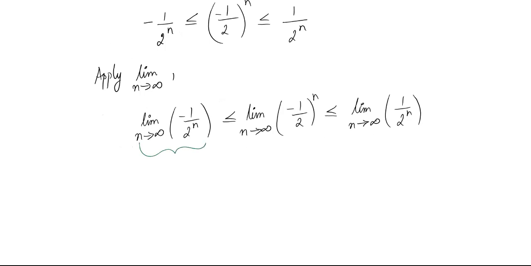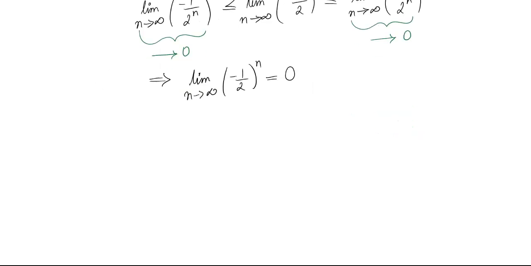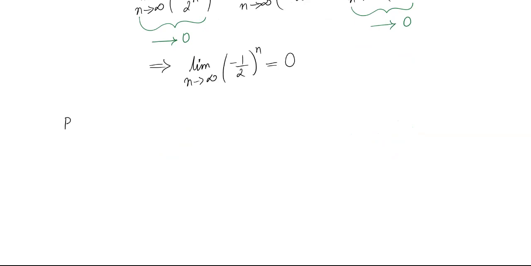The limit here approaches 0. I should say equals 0. This implies the limit of negative 1 over 2 power n that's squeezed in between these two limits will also approach 0. And now we have bounded sequences.